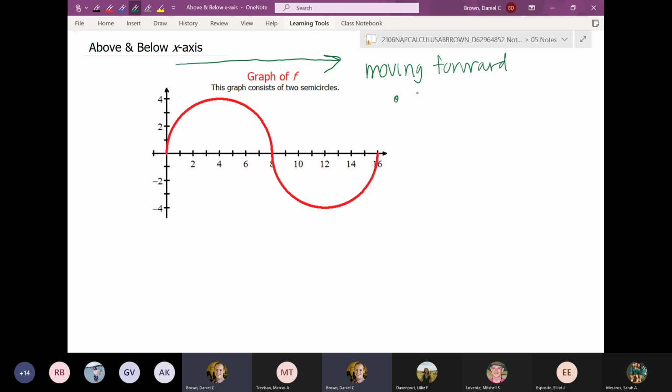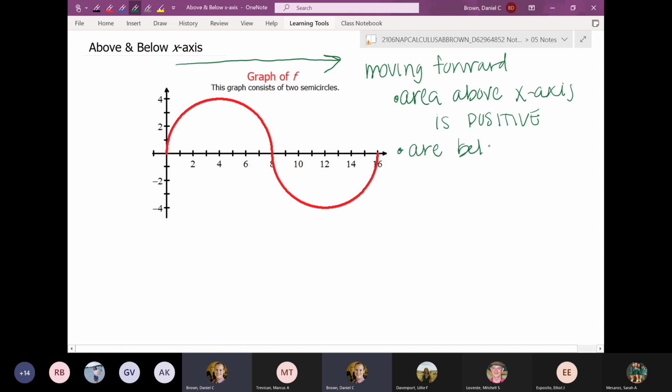area above the x-axis is positive. And if you're moving forward, then area below the x-axis is negative.